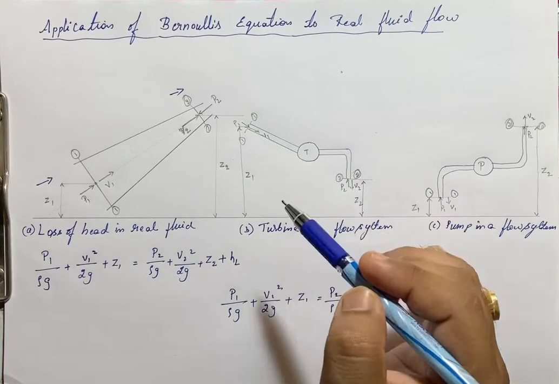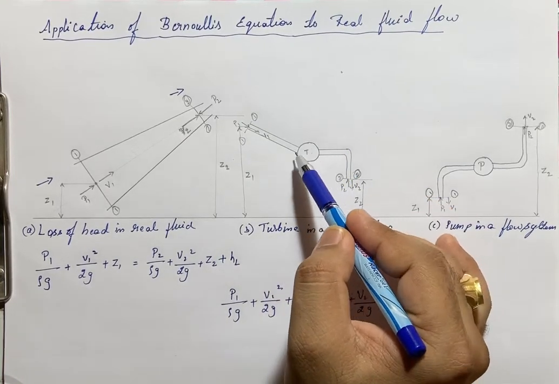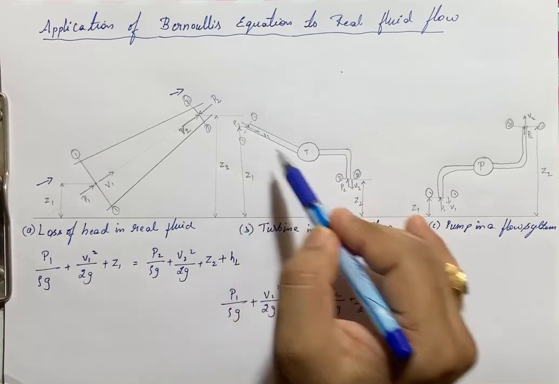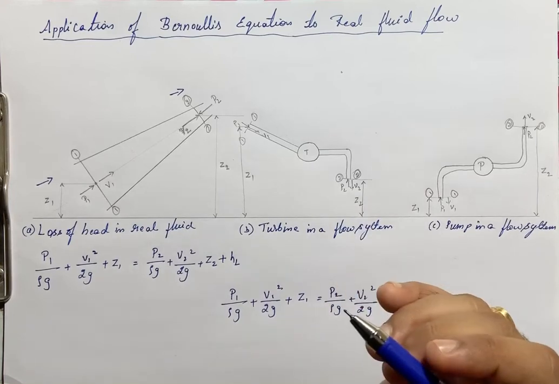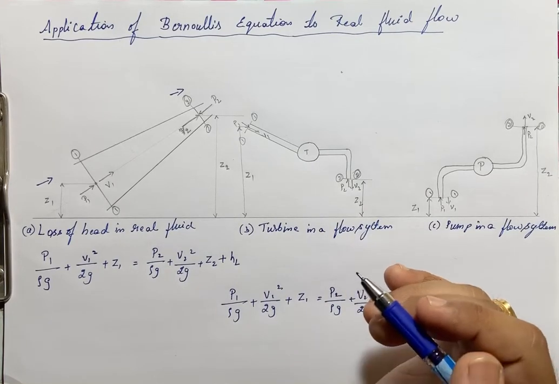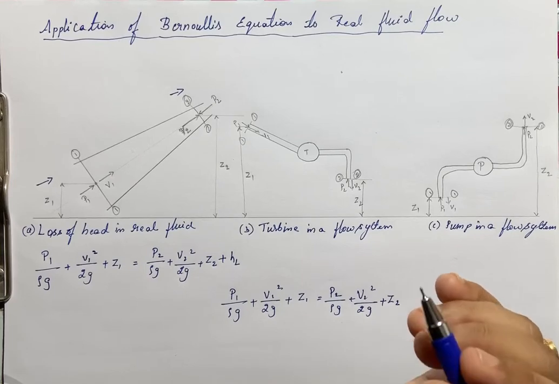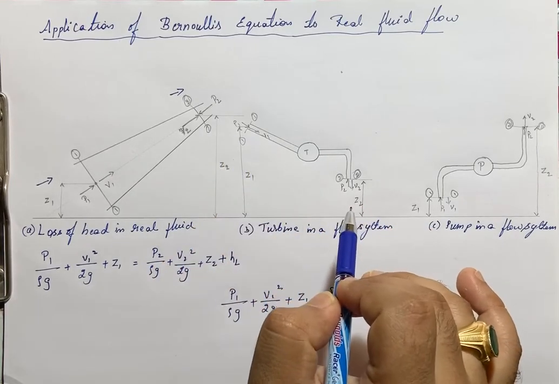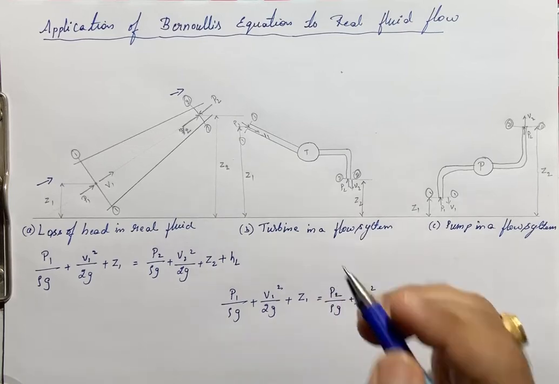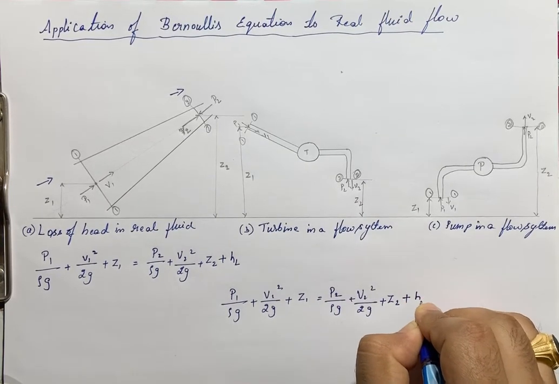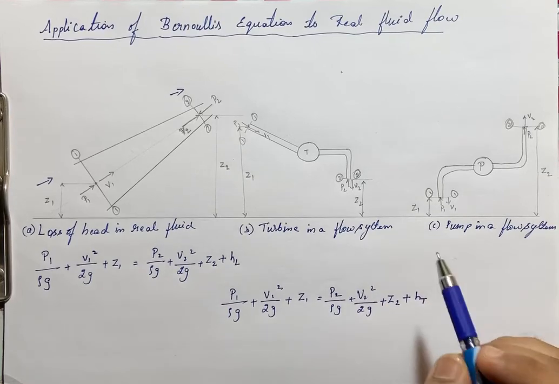Now, due to the insertion of the turbine between sections 1 and 2, there will be a turbine which absorbs the head, located in between sections 1 and 2. With this I can write that the head loss is there due to the turbine.